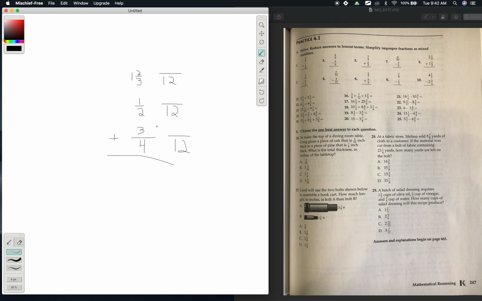Okay, so to get to 12 here, we had to multiply 4 by 3, so 3 times 3 is 9. Here we had to multiply by 6, so 6 times 1 is 6. And here by 4, so 4 times 2 is 8.